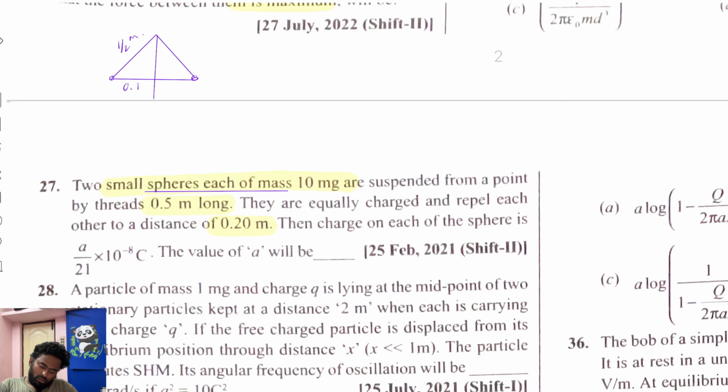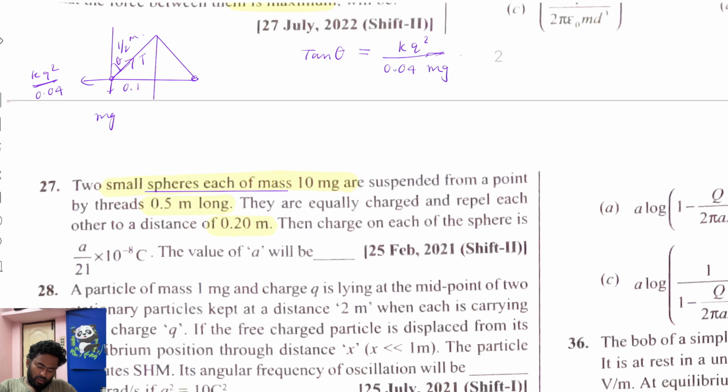Again in this one, tension will act, downward force will be mg, and the sideways force will be k q square by 0.2 square, meaning 0.04. If you talk about tan theta, this angle will be theta, T cos theta will be mg, T sin theta will be the electrostatic force. So tan theta will be electrostatic by mg, so k q square upon 0.04 mg.